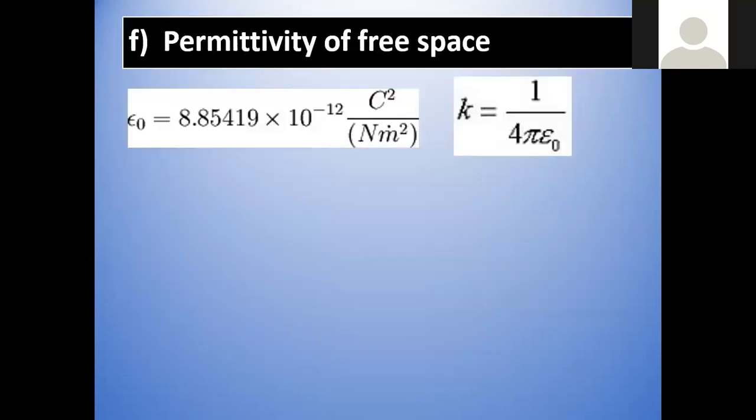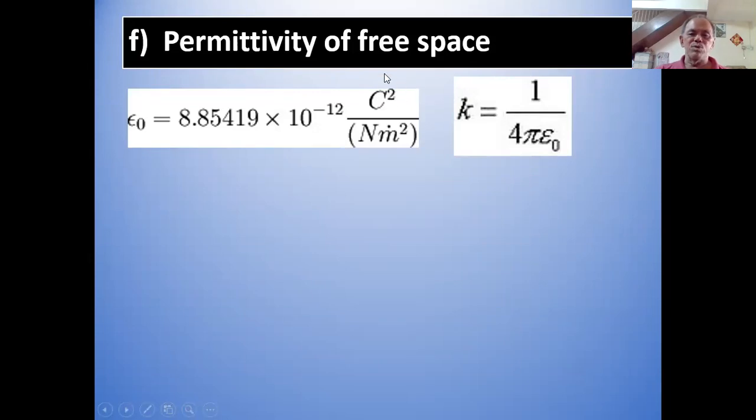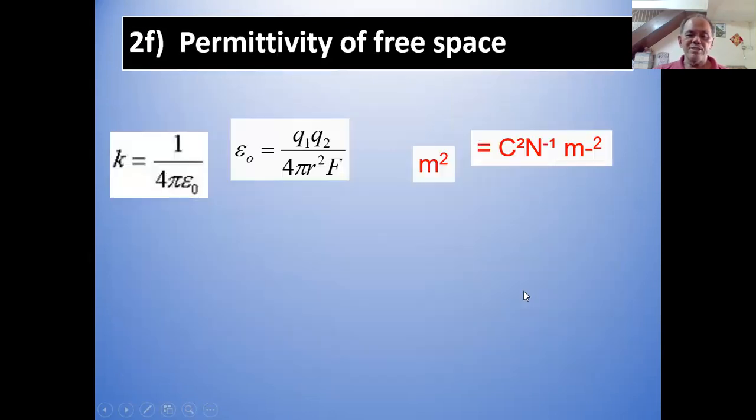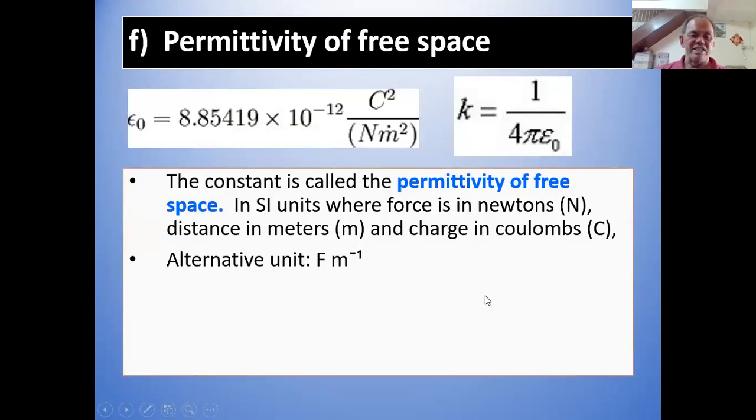Alternatively, it can be Coulomb squared, Newton, meter squared, where the force is in Newton, separation is in meter, and charge in Coulomb. So these are alternative units, which I'm just showing you.